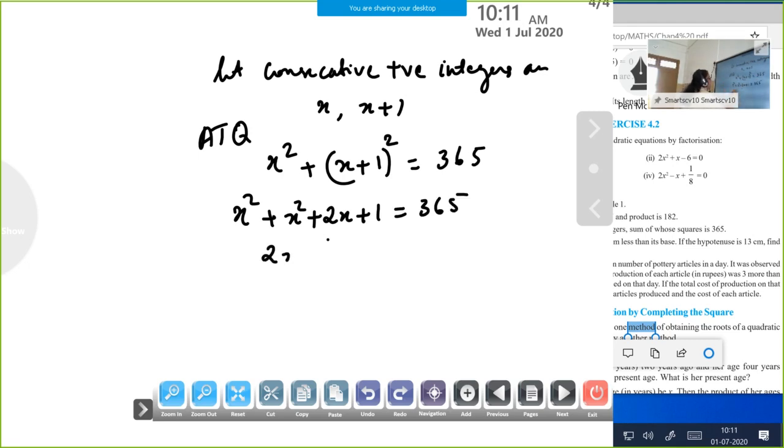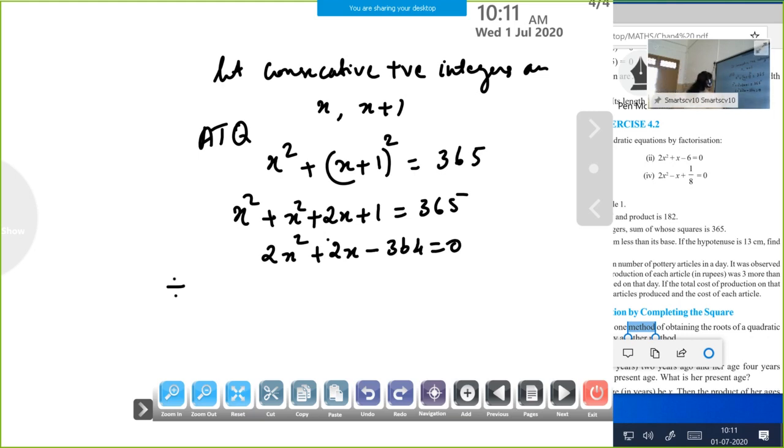Then 2x square plus 2x minus 364 is equal to 0. Clear? x square plus x square is 2x square, plus 2x, then plus 1 minus 365 is minus 364 is equal to 0.